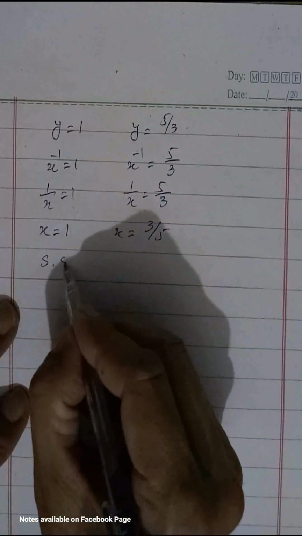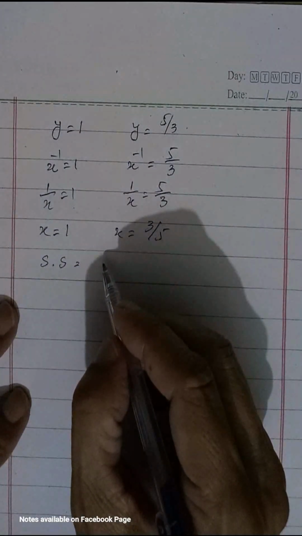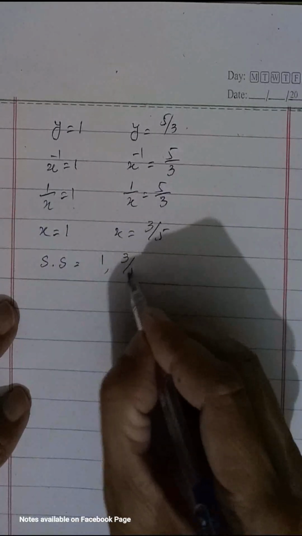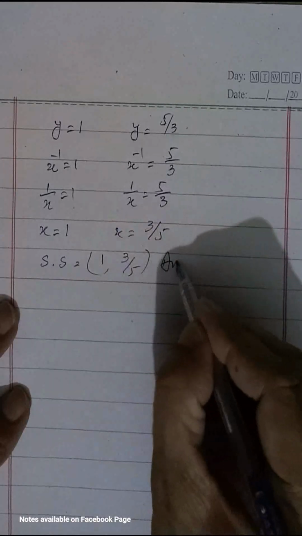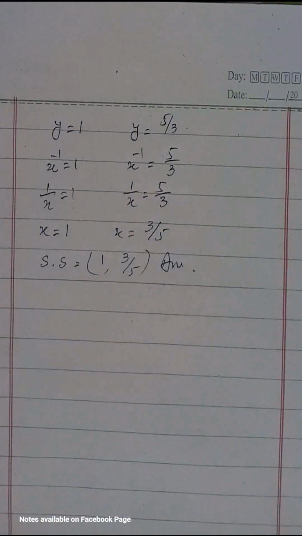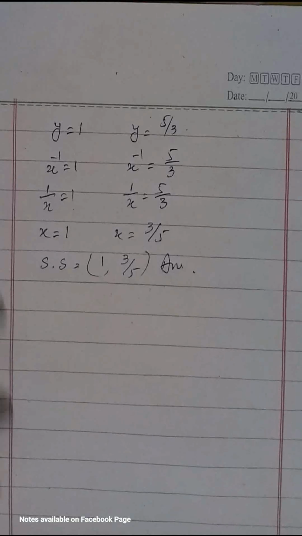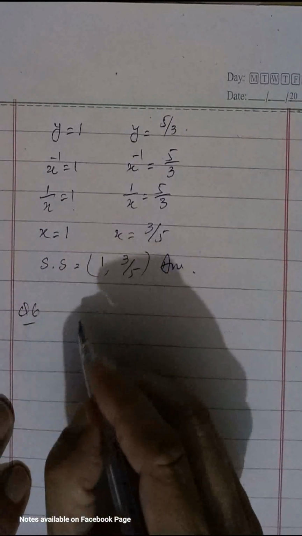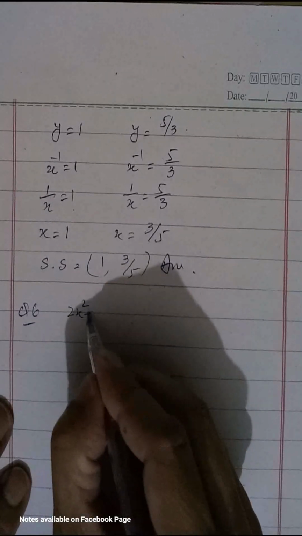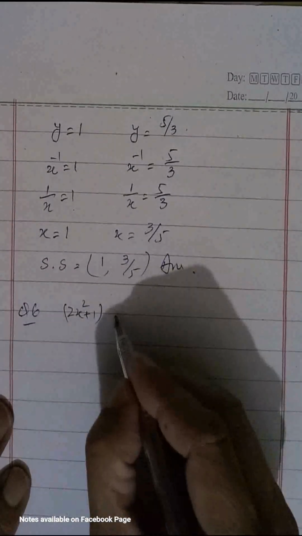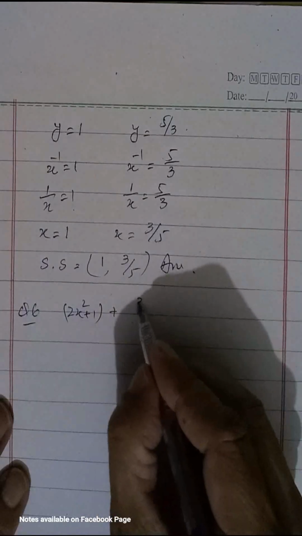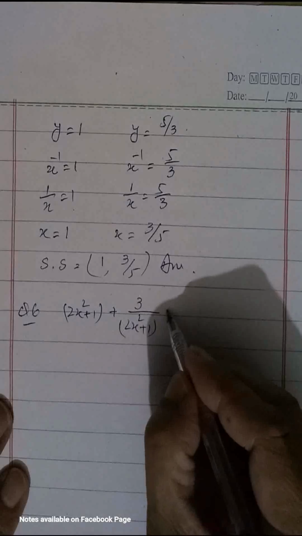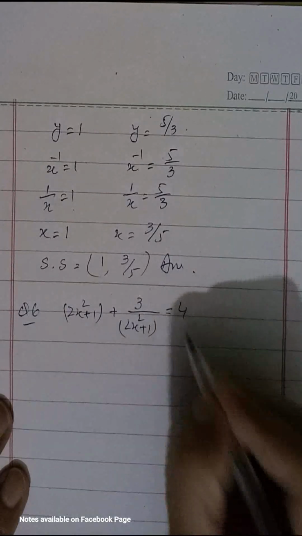So the solution set of question number 5 is 1 and 3 over 5. And the next question is question number 6. Here (2x square plus 1) plus 3 over (2x square plus 1) is equal to 4.